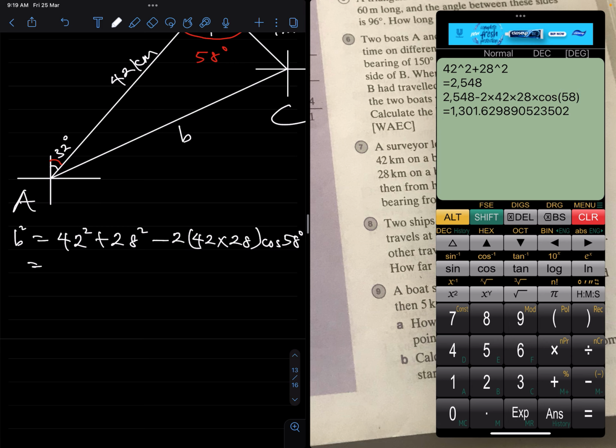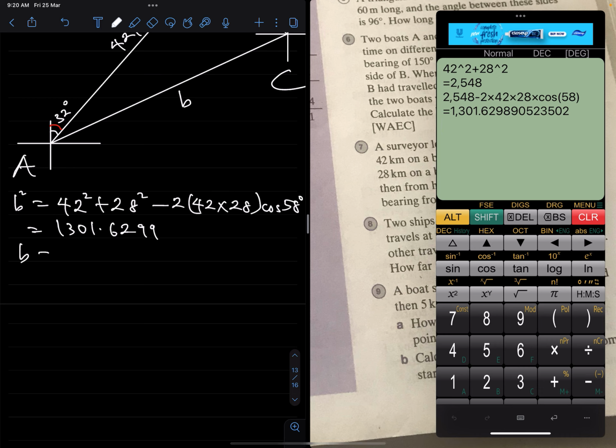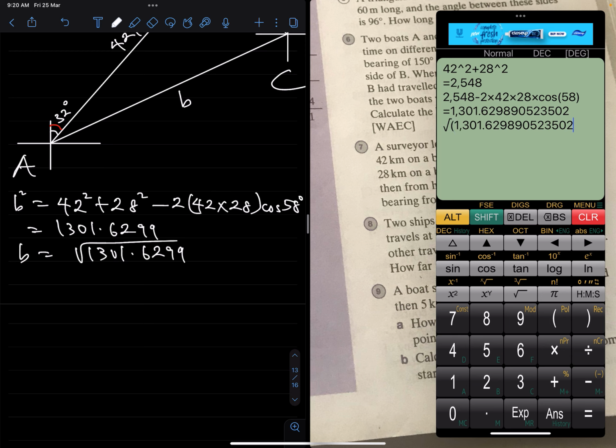And that's 1301.6299. So b is going to be the square root of that, 1301.6299. What's the square root of that answer?